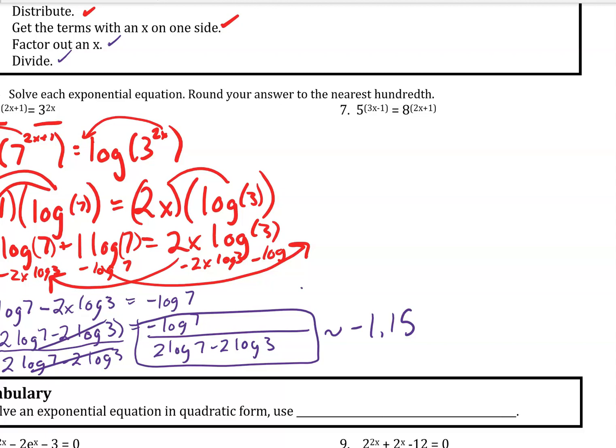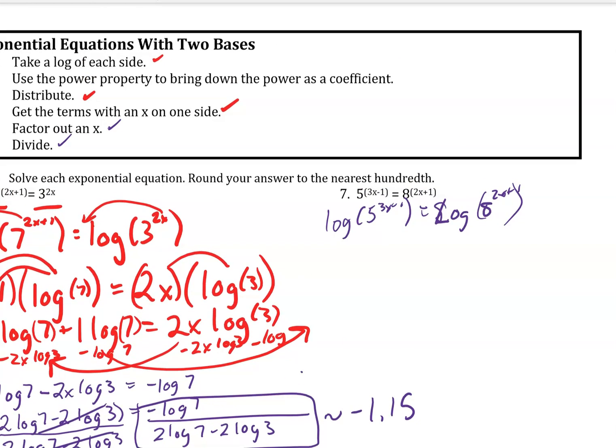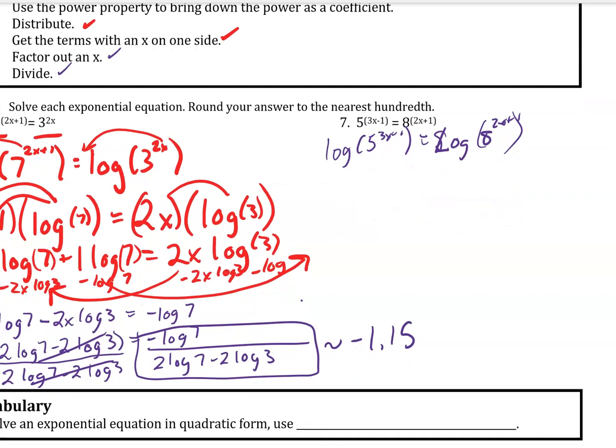And in our next example, number 7, we have 5 raised to the 3x minus 1 equals 8 raised to the 2x plus 1. Once again, we're going to take the log of both sides. When we do that, we use the power property to bring down the power as a coefficient.